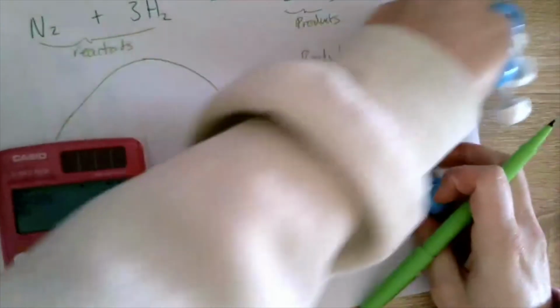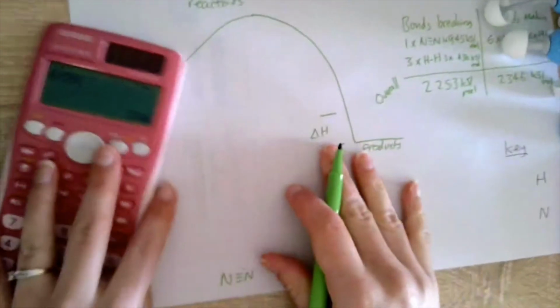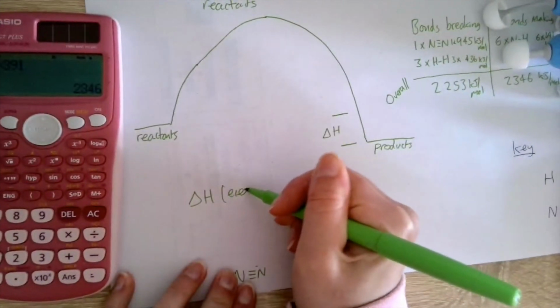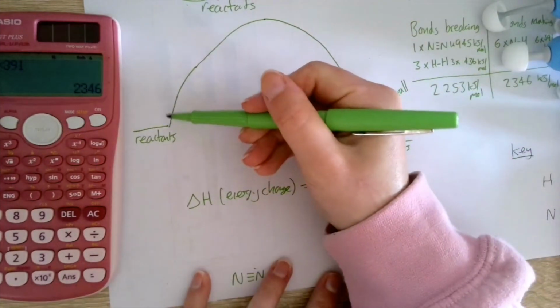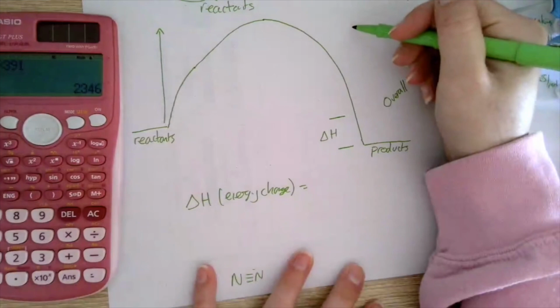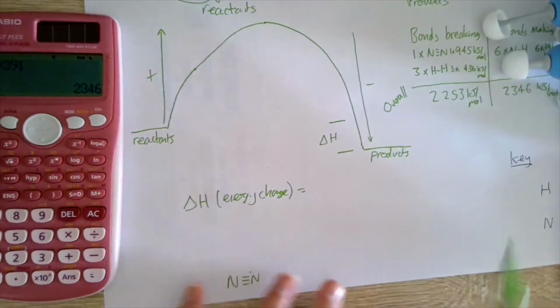So then what we're going to be doing is finding out our energy change, delta H. So delta H, our energy change, is equal to our bonds breaking minus our bonds making.